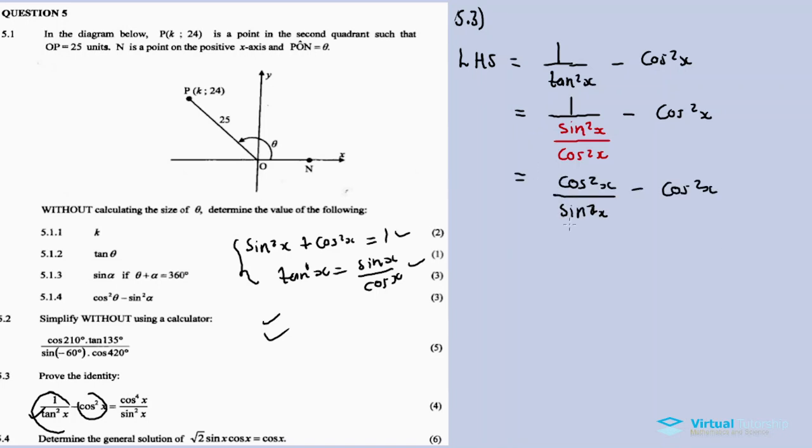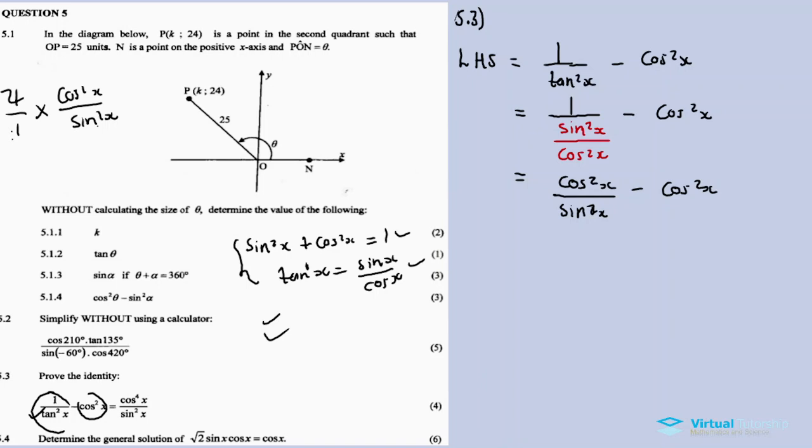So it changes to this way, right? It's 1 over 1 times cos squared x over sine squared x. If it was 2, there would be a 2 up there, and then you do the same thing.